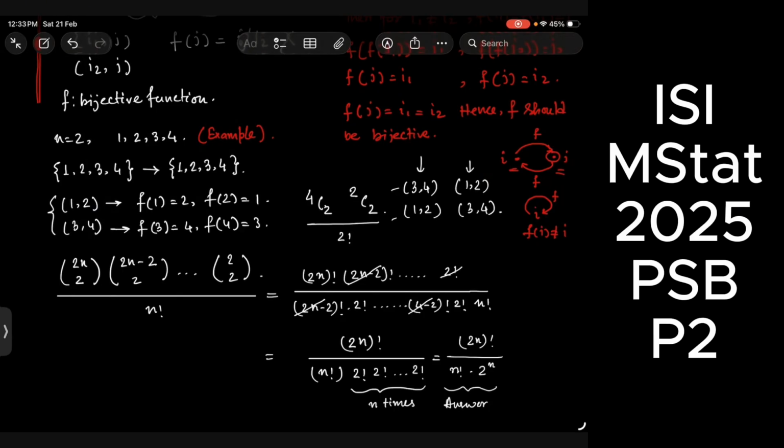That's why our solution is like that. We have to choose first two numbers from four numbers, 4C2, and then we again choose in a 2C2 way. Okay, but just look. Now you tell me why I have just divided it by 2 factorial. You tell me.